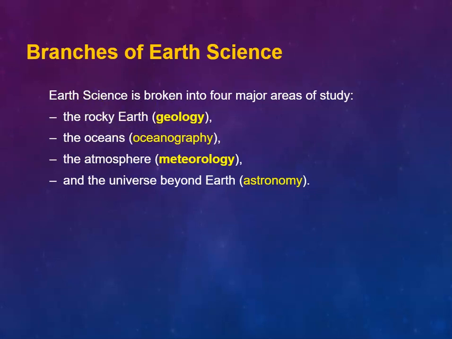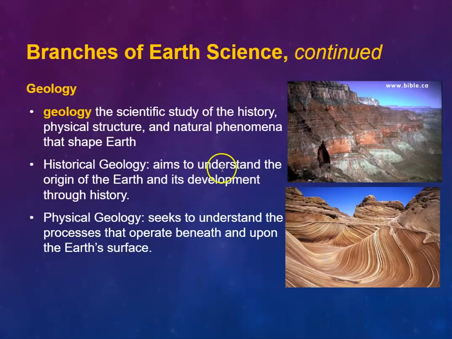The first one, geology. Geology itself focuses on the study of the history, physical structure, and natural phenomena that shape the Earth. It's broken into 2 major branches: historical geology and physical geology. Historical geology looks to understand the origins of the Earth and its development through history.